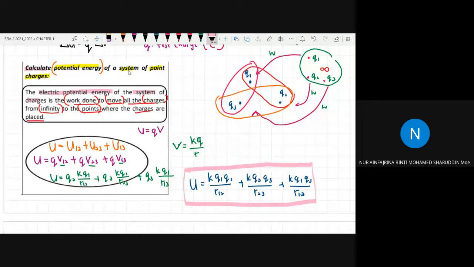Sekiranya awak faham dan okey, awak boleh proceed dengan Roman 1. Tapi tulis dekat checkbox, kalau awak faham tekan 1. Kalau awak masih kurang faham tekan 2. Ini korang buat lepas korang dah habis salin.